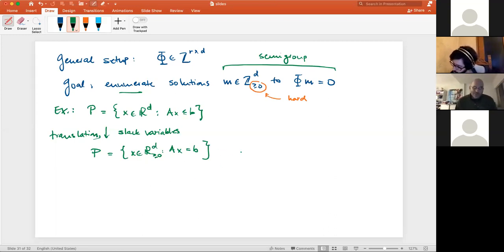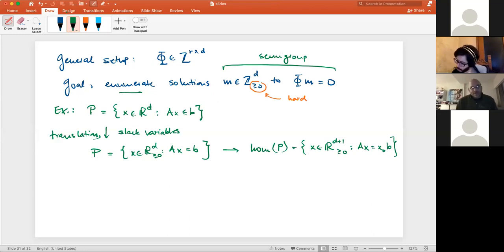And so where is the semigroup? Now I'm going up one more dimension, so I'm in D+1 dimensional space, and my additional variable is non-negative, correct? So now we're doing what we did on Tuesday. I throw in an x0 as a scalar in front of my vector b.